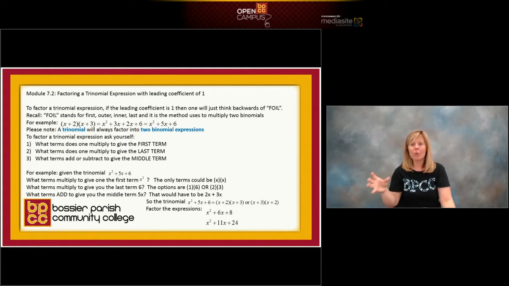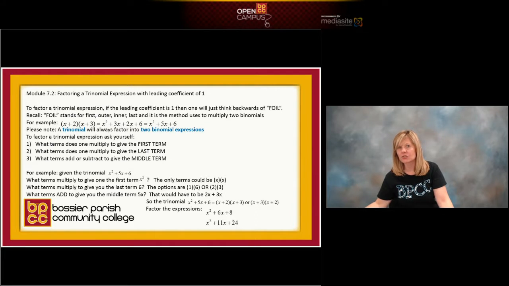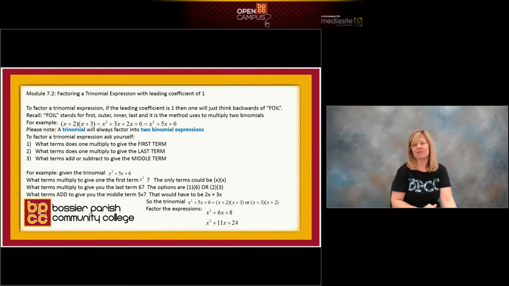So what I want to know is, what can I multiply to 6, but also will add to make the 5? Well, let's look at our options. 1 times 6 is 6. 2 times 3 is 6. But which of those options will add to make the 5 in the middle? Can it be 1 and 6? No. 1 and 6 will never add to 5. 1 and 6 add to 7. That can't be it. Can 2 and 3 add to 5?